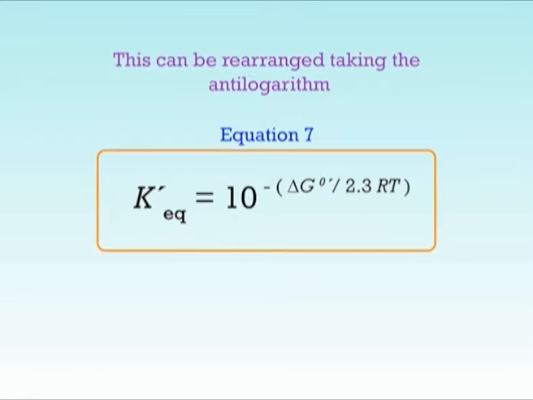This can be rearranged by taking the anti-logarithm, which gives K prime EQ equals 10 to the power minus delta G naught prime divided by 2.3 RT.